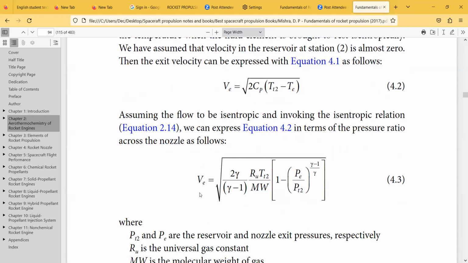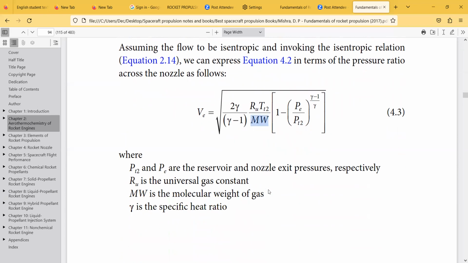Using that formula, V_E equals the square root of 2 times gamma over gamma minus 1 times the gas constant R_U times temperature at 2 divided by M, the molar weight of the gas, times 1 minus P exit over P at the entering region, to the power of gamma minus 1 over gamma. So this is the exit velocity.